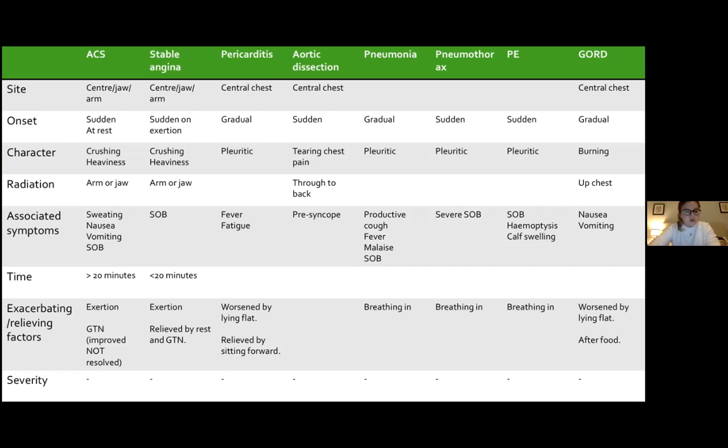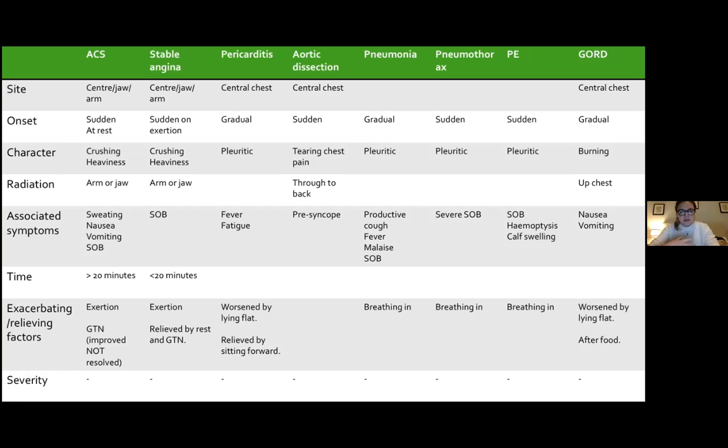You need to ask about the duration of the chest pain, and this is to try and differentiate between ACS and stable angina. If it's lasted over 20 minutes, this is more likely going to be ACS, and if it's less than 20 minutes, stable angina. And then I always ask, does anything make it better or worse? For example, any particular position or any medication that you've taken.